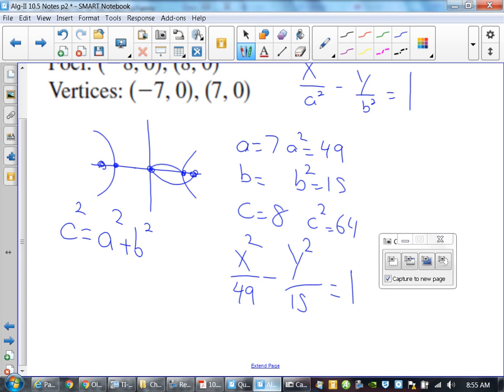Do you want us to graph it out, or just do a rough graph? When it says write the equation, I don't expect you to graph it. Honestly, if you don't need to graph, you don't have to. Once we start getting to the shifted stuff, if it's a hyperbola and you notice that they're all sharing the same y value, it means it's horizontal.